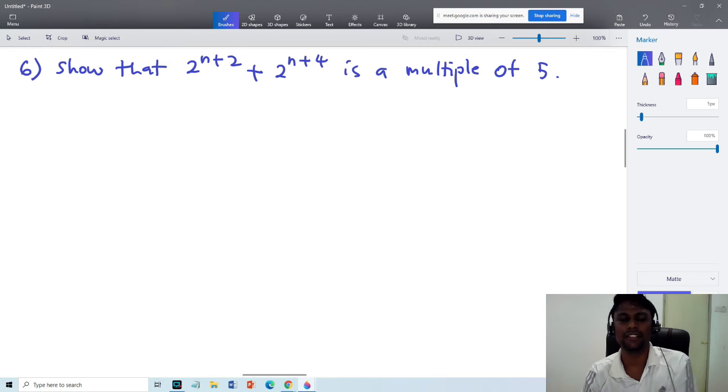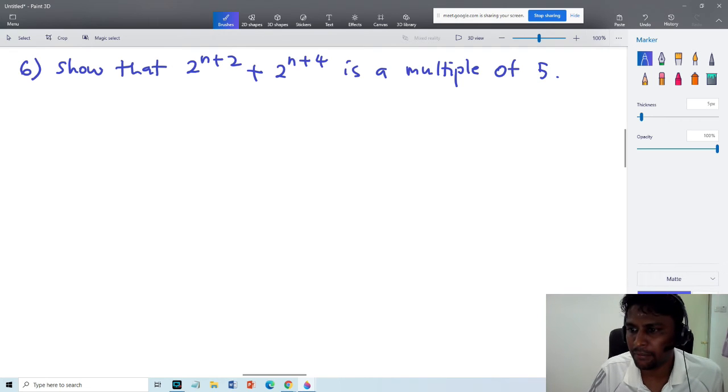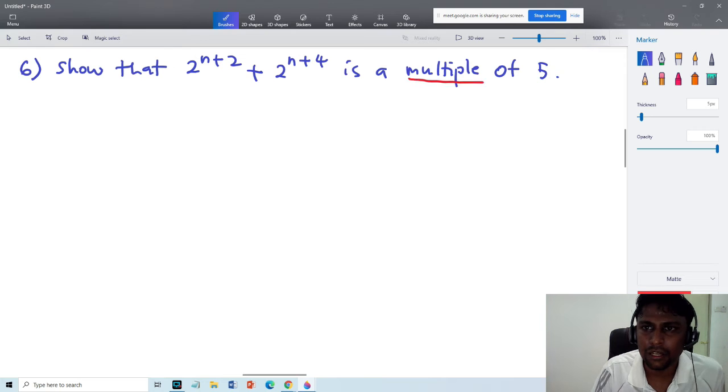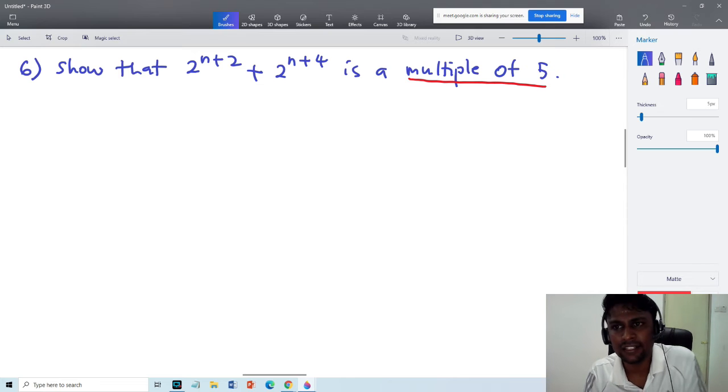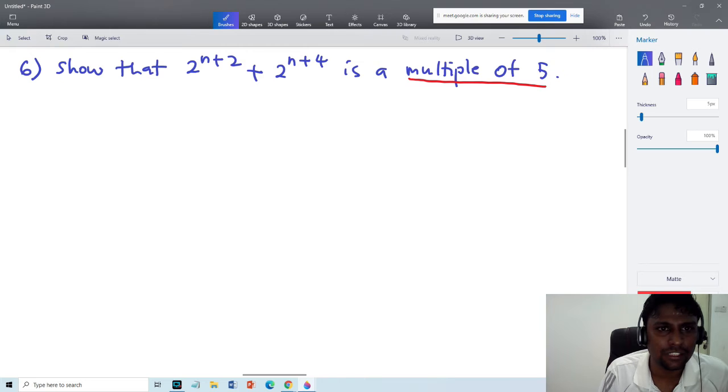Okay, this is the question. Again, remember, multiple of 5 means that when you simplify this, the number should be something related to 5. Try to simplify this.